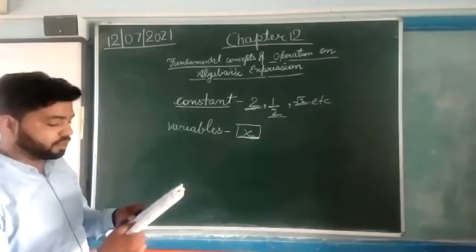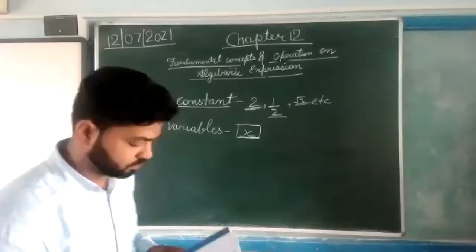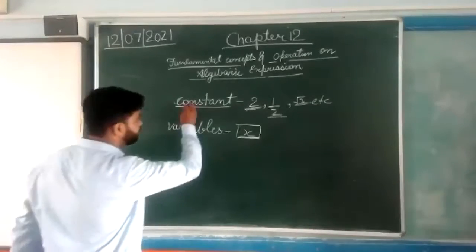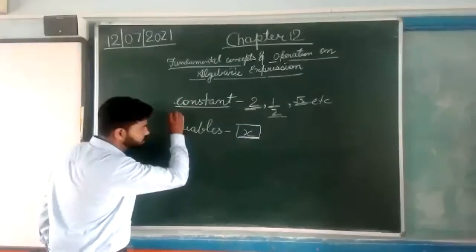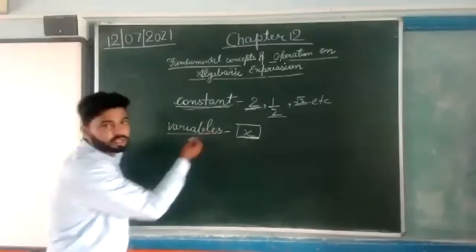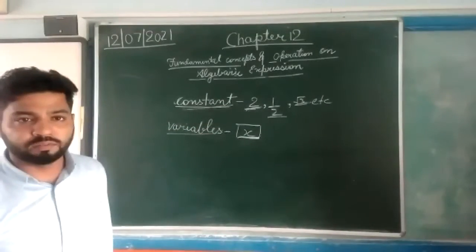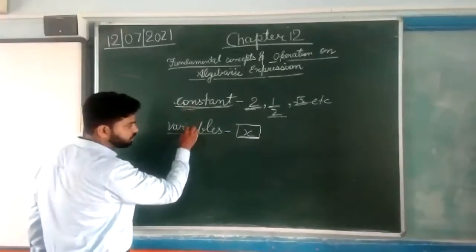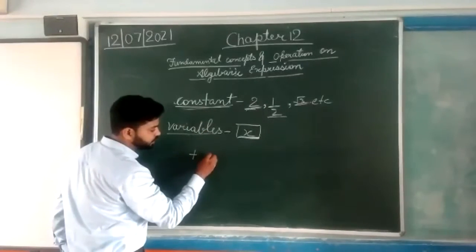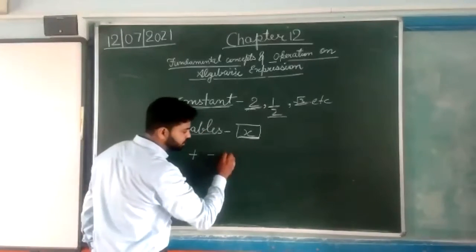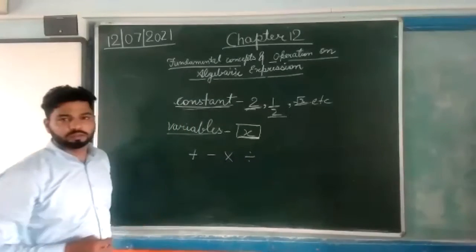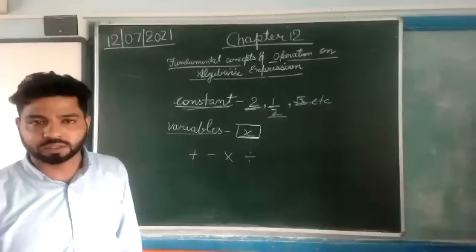Now come to the expression. What is an algebraic expression? Any algebraic expression is the combination of constant and variable, and that combination can be connected with plus, minus, into, or division. This is called the algebraic expression.